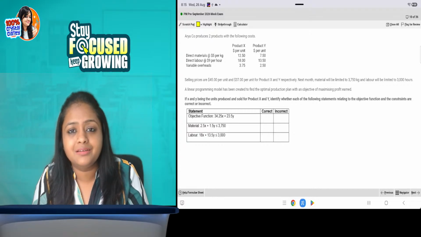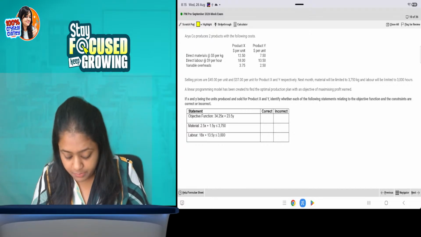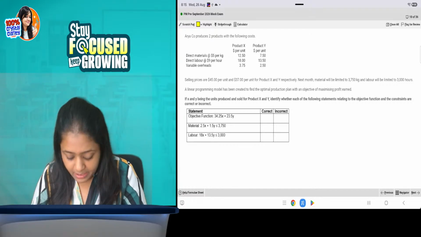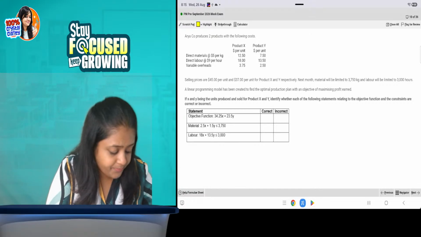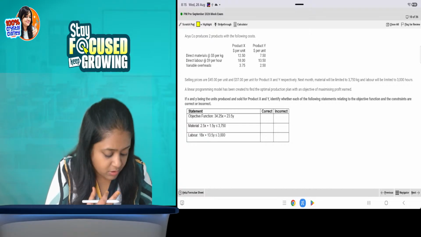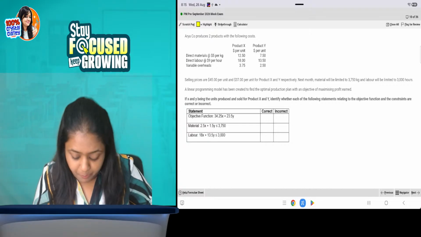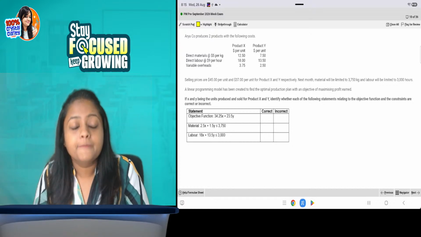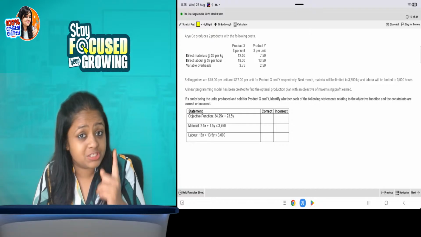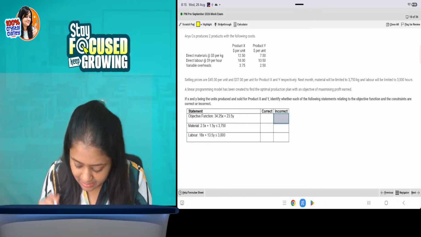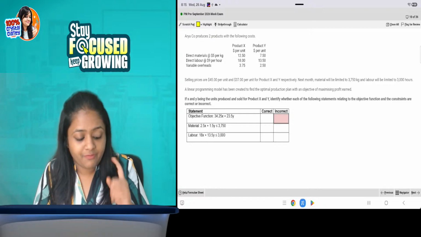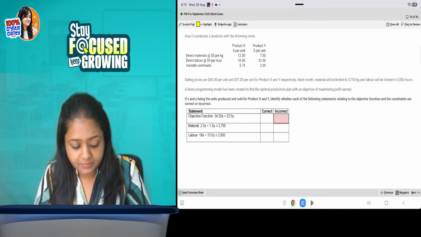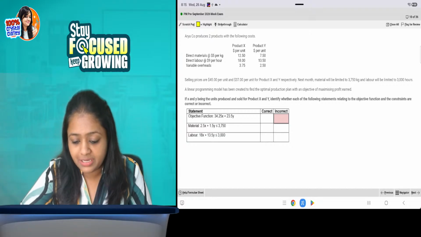I am getting 10.75 as the contribution, but here the objective function says 34.25, which I am sure is the variable cost. Because when I reduce 10.75 from 45, I am getting 34.25, which shows it is a variable cost, which is wrong. So this is incorrect, right? Only one calculation told me it is incorrect. Great. Now let's go to the next one.